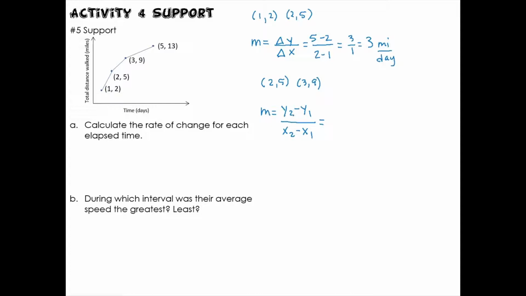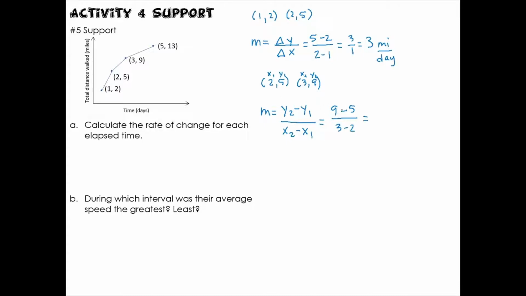So I always label this x1, y1, x2, y2, and then we're just going to plug in those numbers. So it's going to be y2 is 9 minus y1 is 5, over x2 is 3 minus 2.